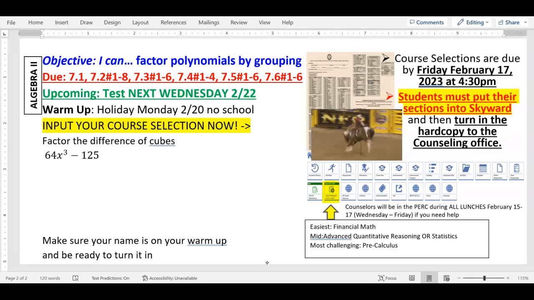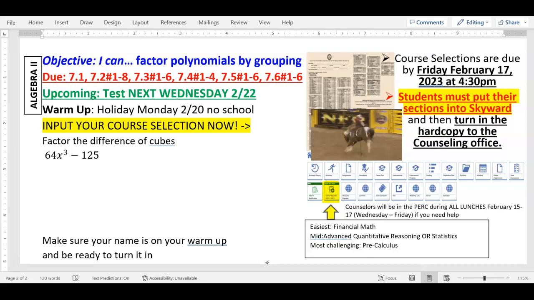So 64 means that's a cube. What about x cubed? Is x cubed a cube? If it has a cube on it, it is a cube number or term. What about the 125? Is that a cube? Yes.